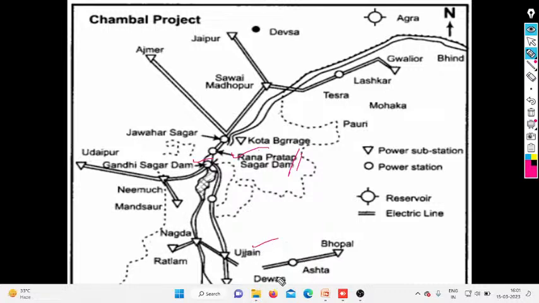Ujjain, Dewas, Bhopal, Ratlam. These are the power substations here. Then Jawahar Sagar is here. Then Ajmer, Jaipur, Sawai Madhopur.